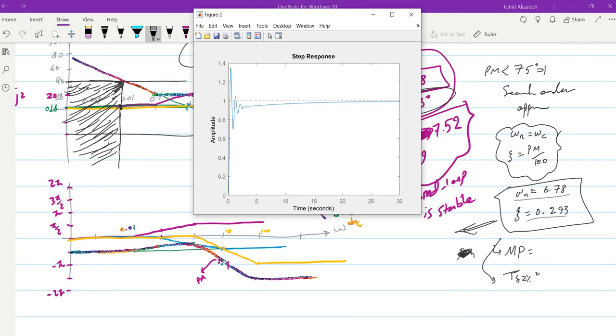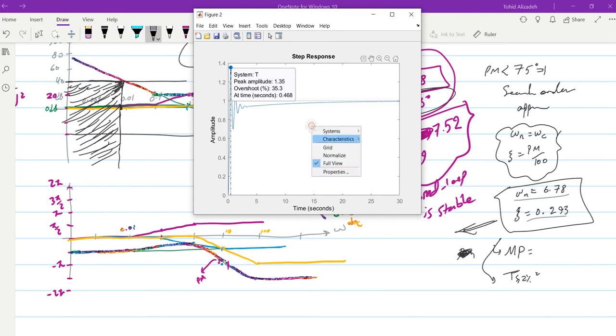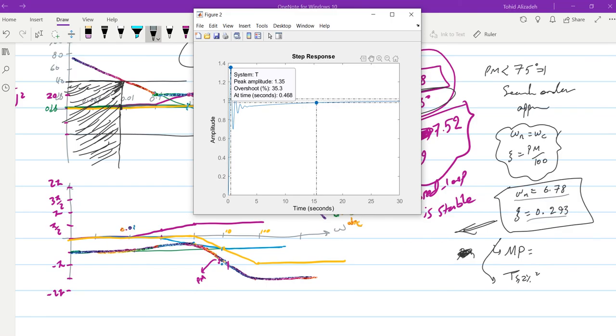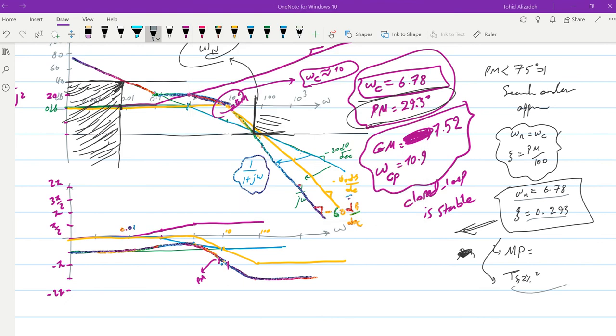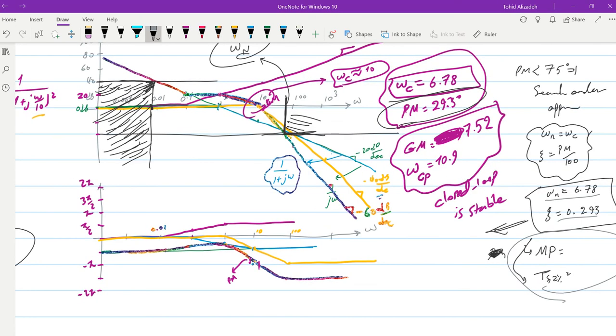So over here we will have the peak response, which will be around 35%, 35.3, and we will have the settling time around 16 seconds, 15.5 seconds. Okay, so I would like you to find out those values. Just plug the values into the formulas and obtain the estimates and compare them with the actual values that we have for the closed loop system.